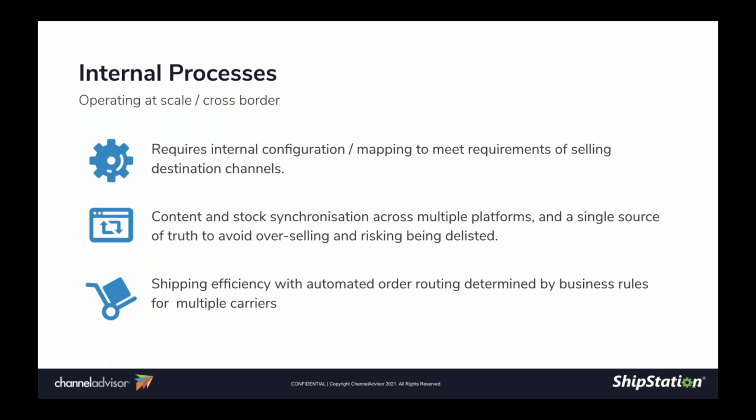Second one is obviously stock synchronization across multiple platforms. Vital, obviously, to ensure you don't sell out, especially if you have SKUs across multiple platforms with different language descriptions. And then the final piece, shipping efficiency.